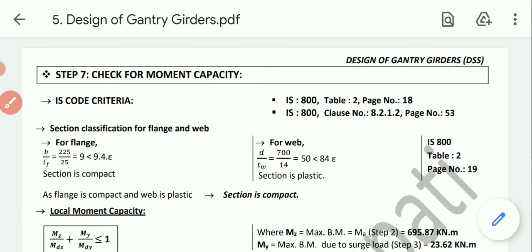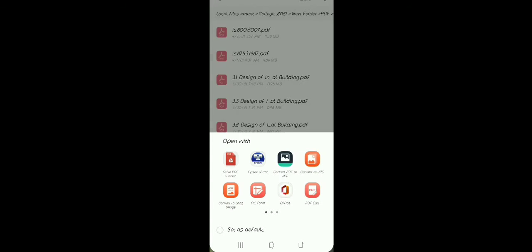Let me take you to the code first of all for that. Table number 2, page number 18.